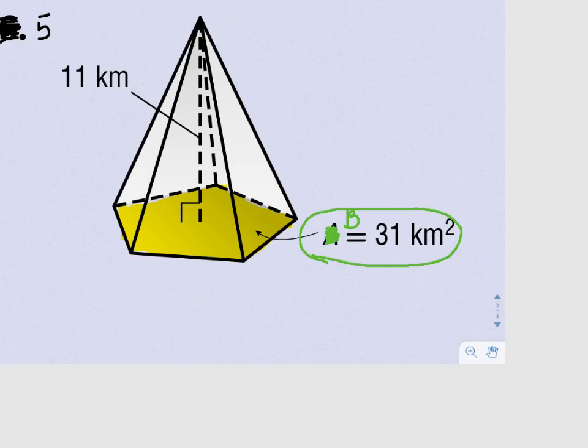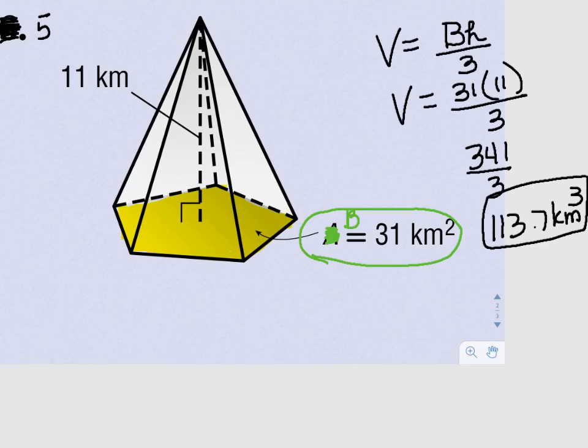Pause the video now. Okay. The volume of this pentagonal pyramid is 113.7 kilometers cubed. I simply took 31, which is the base area, and I multiplied it times the height of the pyramid and then divided that product by 3.